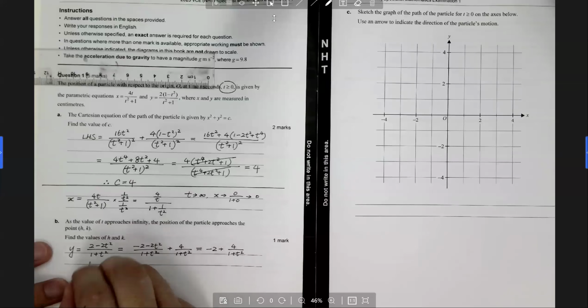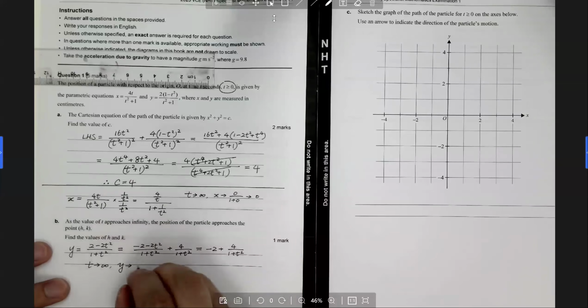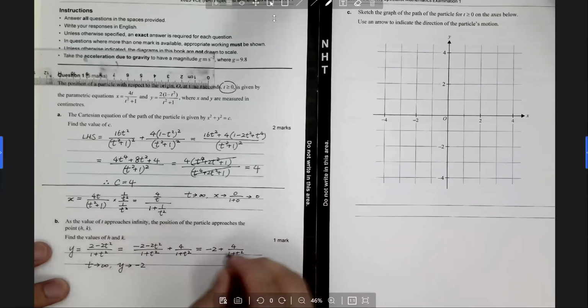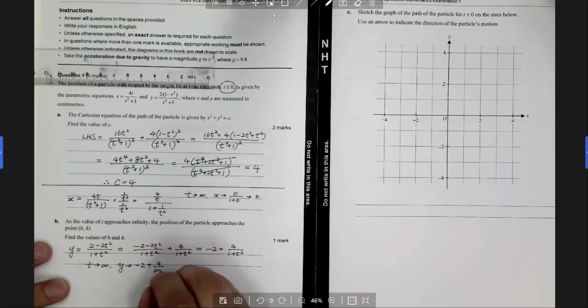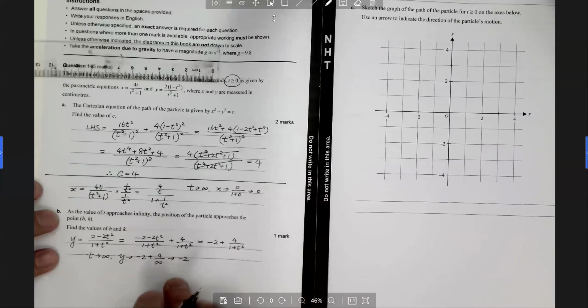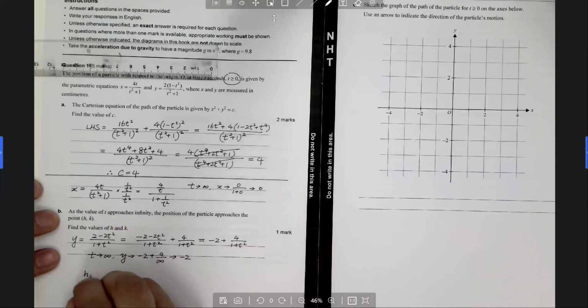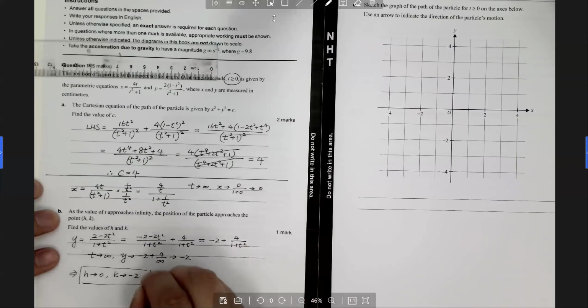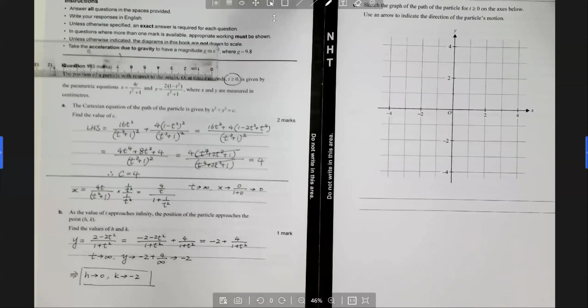And then if my t approaches infinity, my y approaches minus 2 plus 4 divided by infinity. Therefore, it's approaching minus 2. So that is analyzing the asymptotic behavior of these two components. Eventually, h approaches 0, k approaches minus 2. Okay? So that is the intended answer, I suppose.